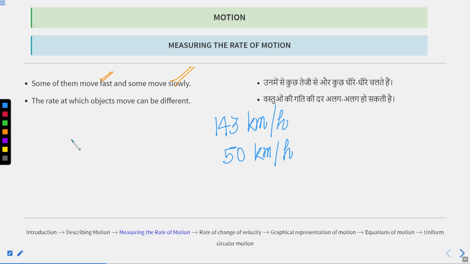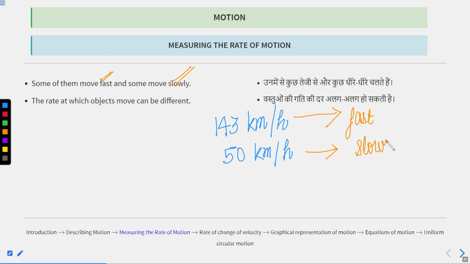According to you, which one is fast? 143 kilometer per hour or 50 kilometers per hour? You will say, ma'am, this one is fast and this object is slow. So how did you indicate that this 143 kilometer per hour is fast and 50 kilometer per hour is slow?